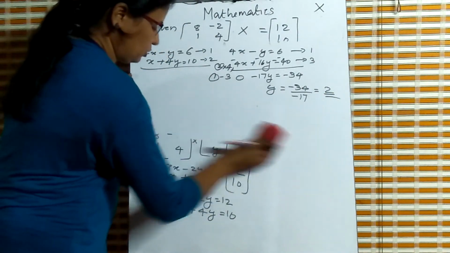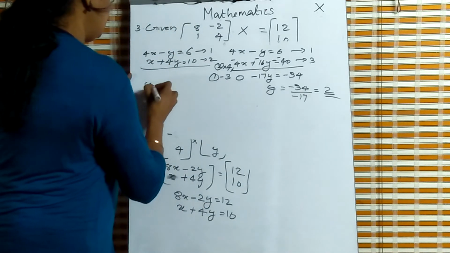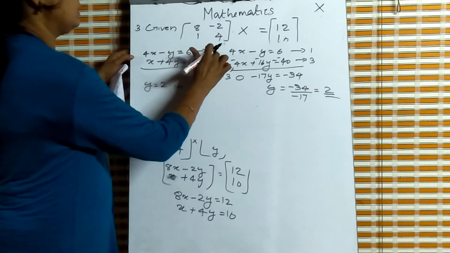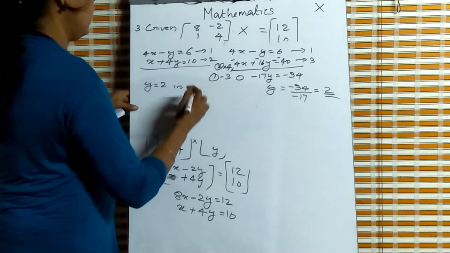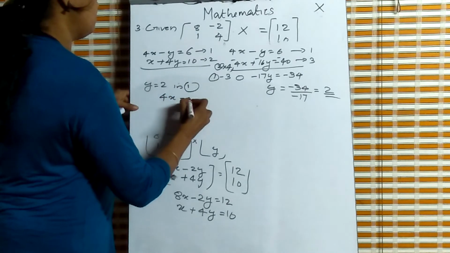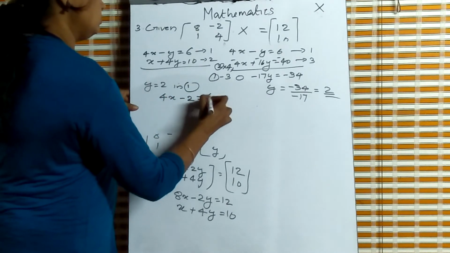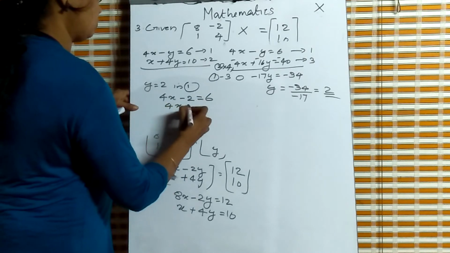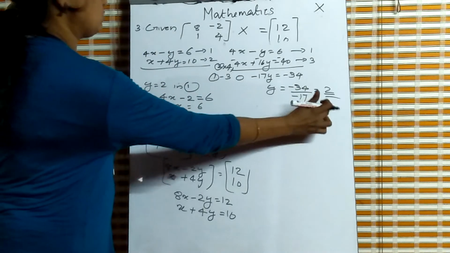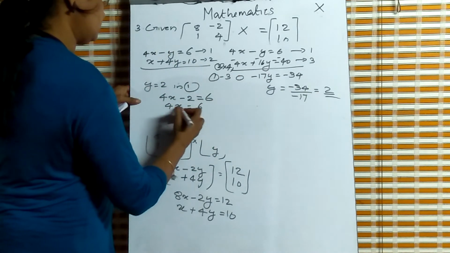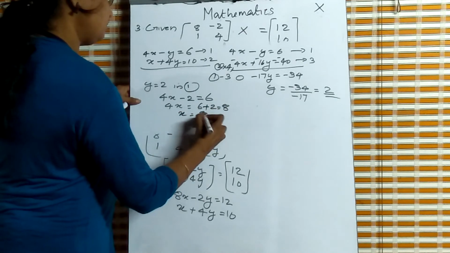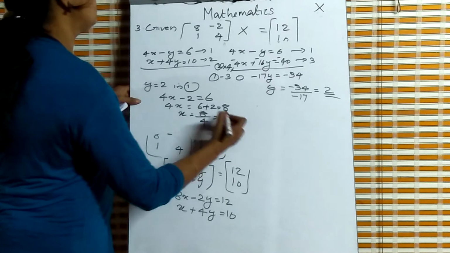Put y is equal to 2 in any one of the given equations, either in 1, 2 or 3. y is equal to 2 in 1: 4x minus 2 is equal to 6. 4x is equal to 6 plus 2, which is 8. x is equal to 8 by 4, which equals 2.